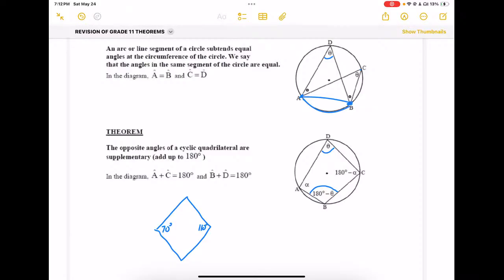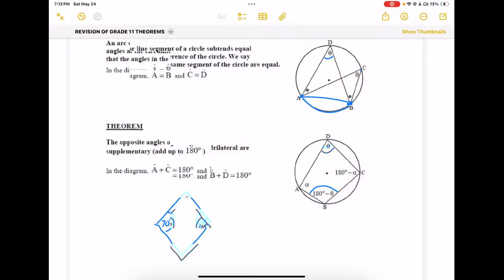So obviously this figure, even though we don't have a circle on it, we know that it's a cyclic quadrilateral because its opposite angles give us 180 degrees. So yes, it's a cyclic quadrilateral, right? That is also very, very important for you to understand, right?